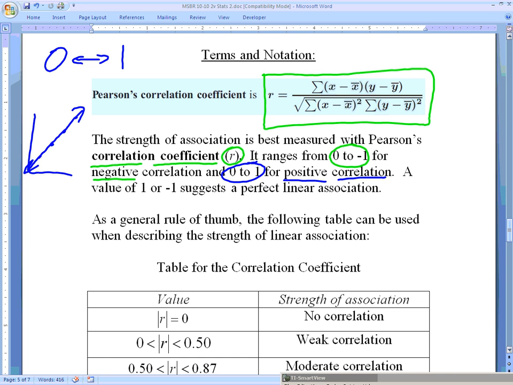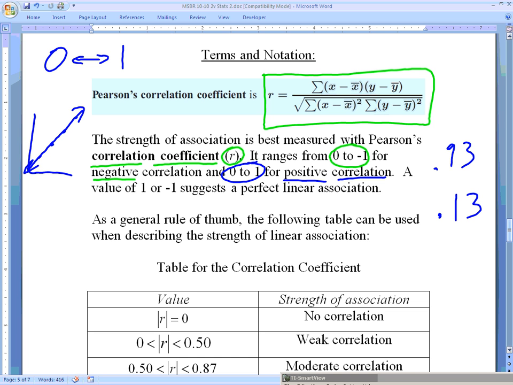But you can also have negative values. I mean, if it's positive, we have positive correlation. Again, if you had a number close to 1, like 0.93, that would be strong or high because it's close to 1. But it's also positive, so it'd be high positive correlation or strong positive correlation. If I had something that was close to 0, like, let's say 0.13, I would say that is very weak positive correlation.